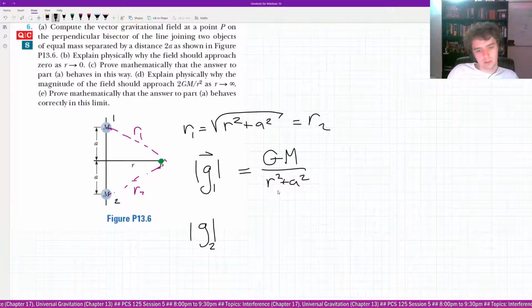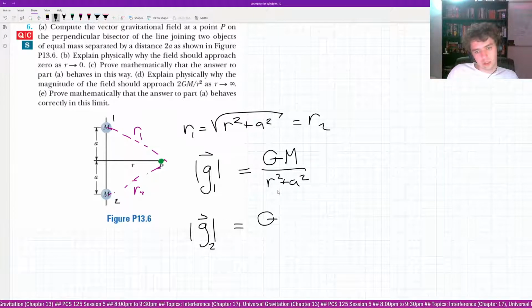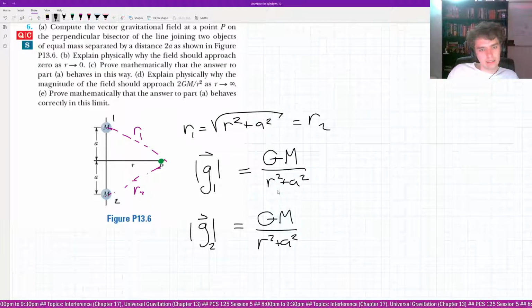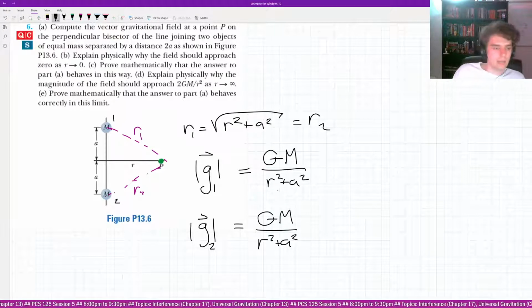Similarly, the gravitational field caused by mass 2 at point P is G times the mass over the same quantity. Now I need the... I think you can use symmetry here, can't you? And how?